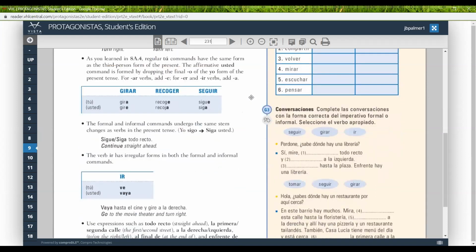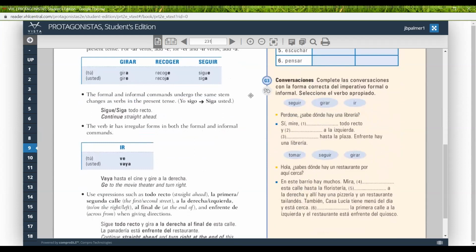Then for VHL homework, you are also going to be doing G3, conversaciones. So for this one, you're basically just completing the conversation, and you're going to pick the correct form of each verb.